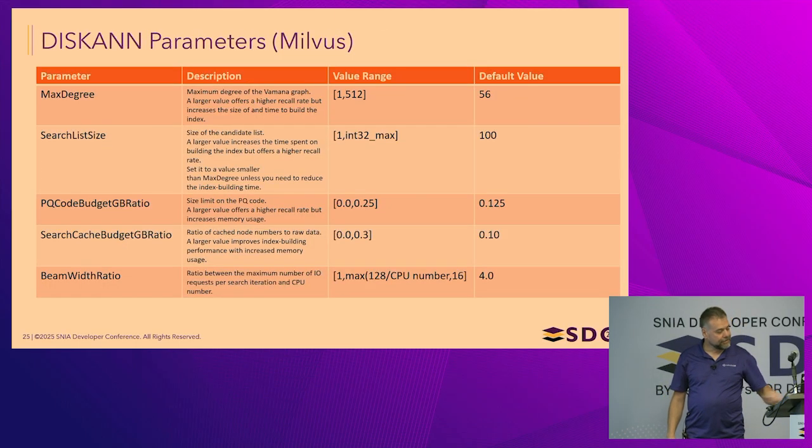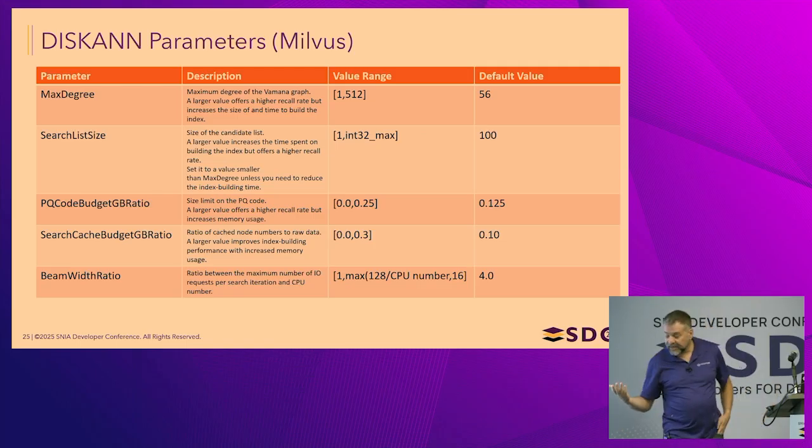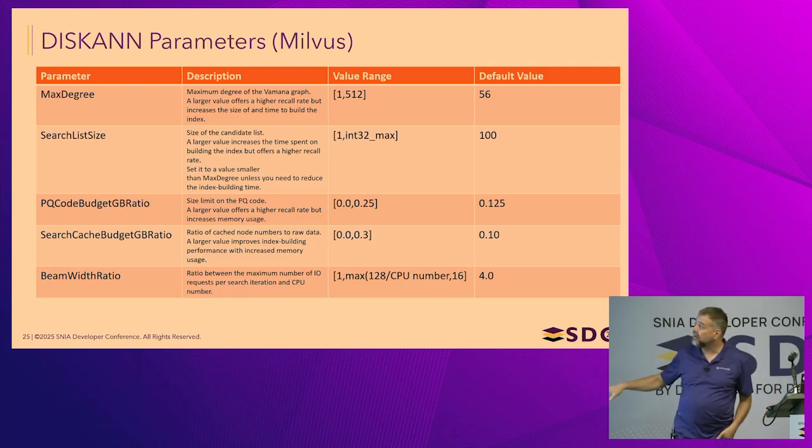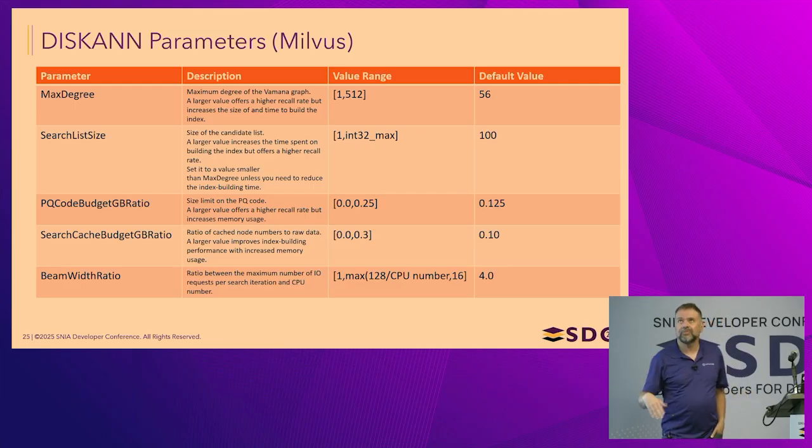Going back, if you're tuning this KNN, those are the parameters that are available, in this case on Milvus. Why Milvus? Because it is the current vector database that supports DISKANN creation out of the box. It has that option.